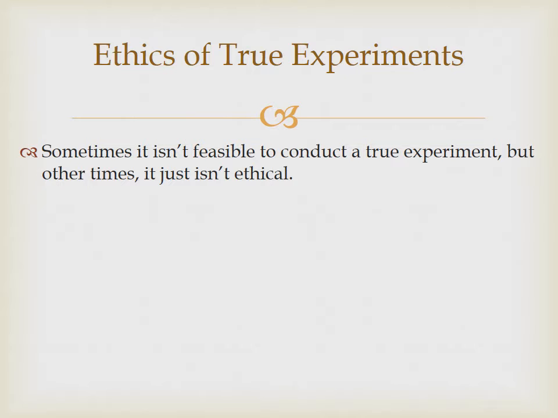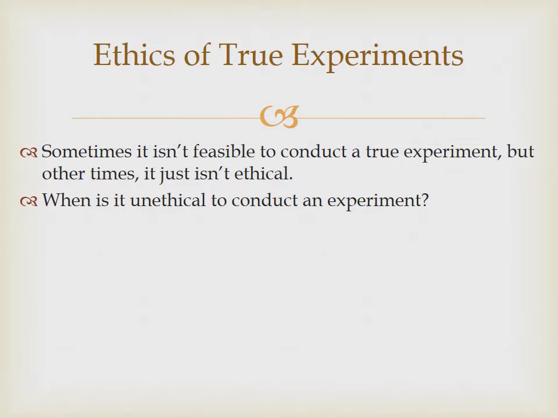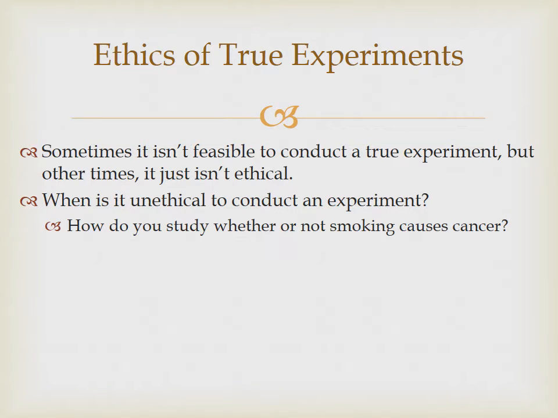And can you think about why it might be that conducting the true experiment, where you've got an intervention group and a control group and randomization, and people are randomly assigned to a treatment or a control, can you think of a time when maybe that isn't ethical to do? Well, if you give it some thought, you might consider, for example, how would you study whether or not smoking causes cancer?